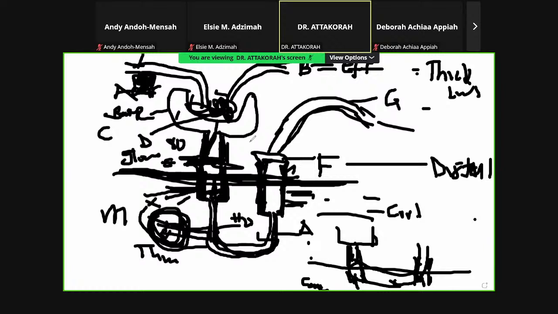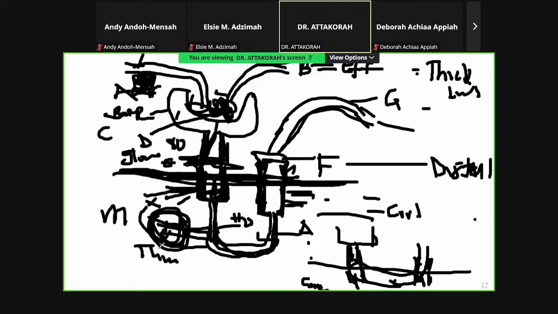But we have a small portion of the thick at the medulla, and that small portion is there for a purpose. It's there to ensure that the concentration at the medulla level is always higher than the concentration within the filtrates going through, such that water will move from here to the medulla.